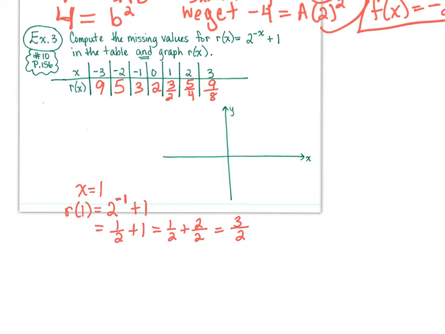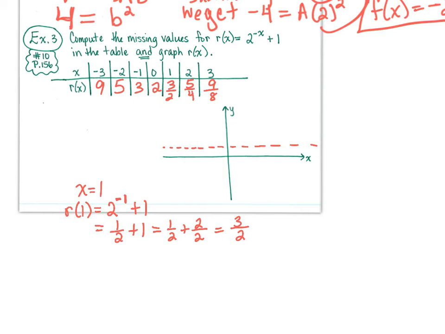So before, when we sketched the graph of 2 to the, what did we graph? 1/2 to the x? Okay? Whenever we graphed that, we saw that the graph couldn't go past the x-axis, right? So the x-axis was our horizontal asymptote. What is that? Hold on. y equals 1. Very good. y equals 1.